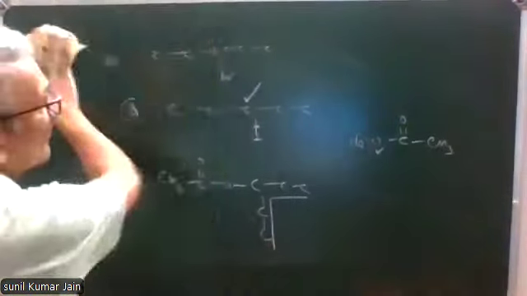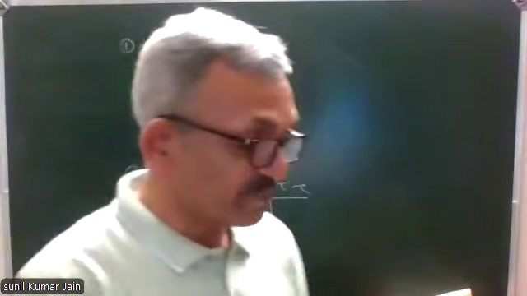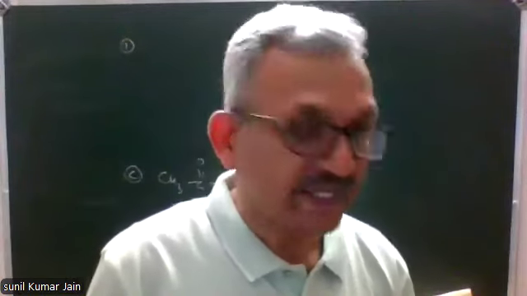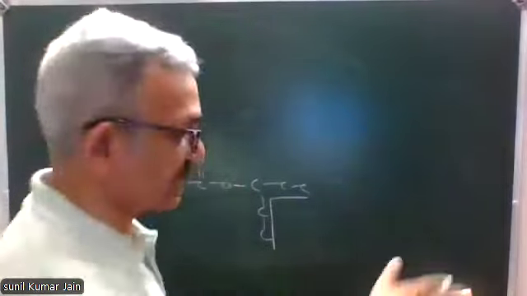Second sequence. Very easy. A plus B gives benzene diazonium chloride and reacts with C to give fluorobenzene. This is a Balz-Schiemann reaction. Directly write answers. A will be aniline.